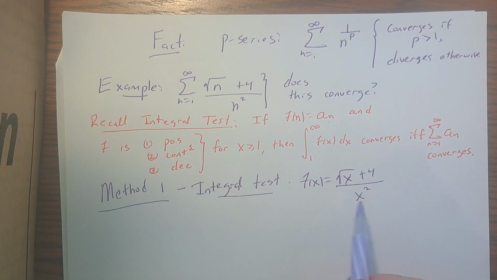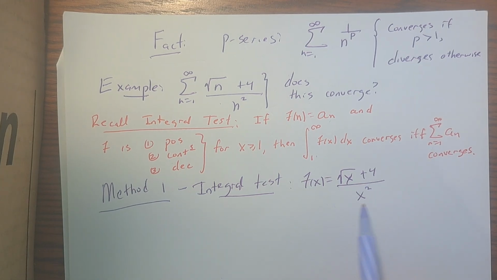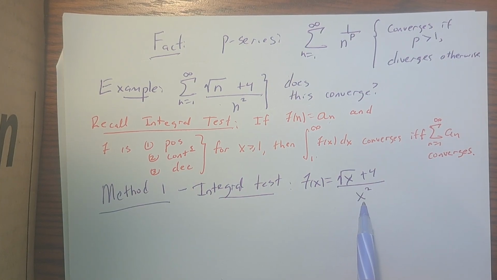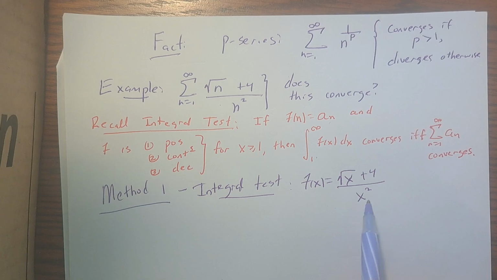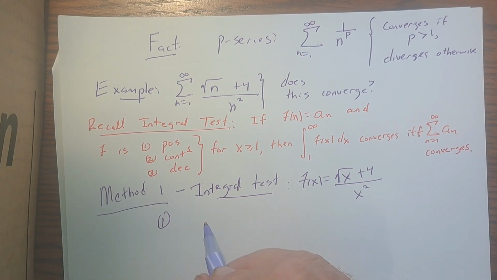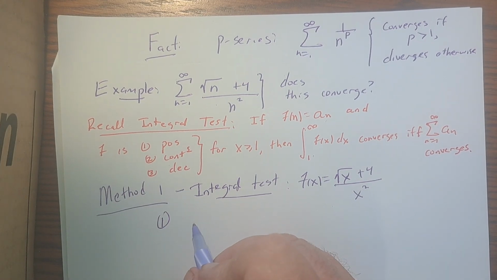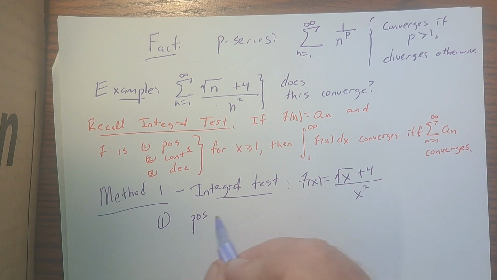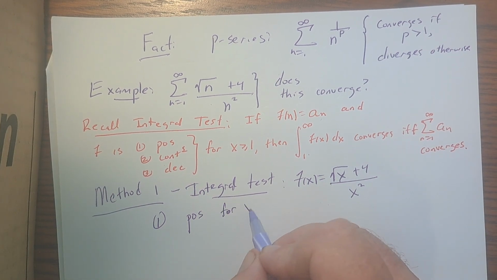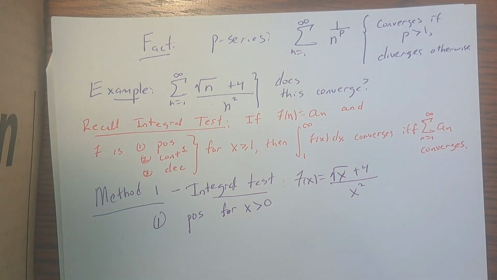The top's positive no matter what, and so is the bottom. You can't stick 0 in, though, because that would make the bottom 0 and it wouldn't be defined. And you can't stick negative numbers into that square root, so you have to stay above 0. So the first thing we notice is that the function is positive for x greater than 0.